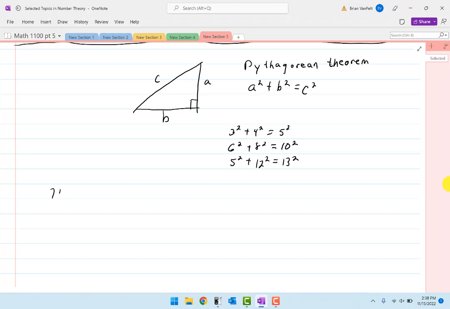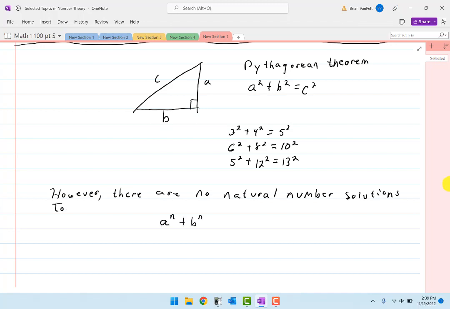However, there are no natural number solutions to the equation a to the n plus b to the n equals c to the n for n greater than or equal to 3.